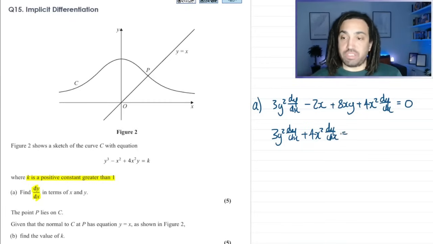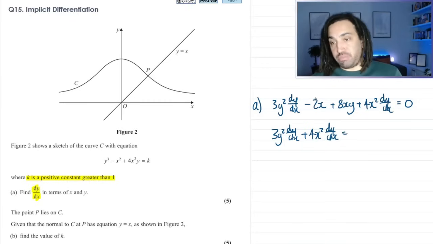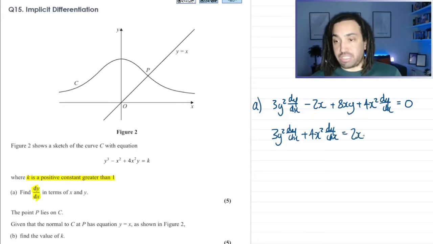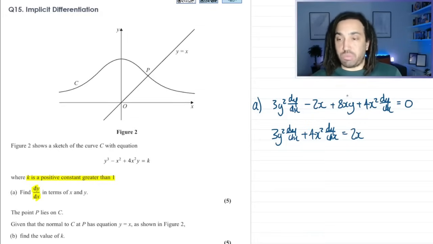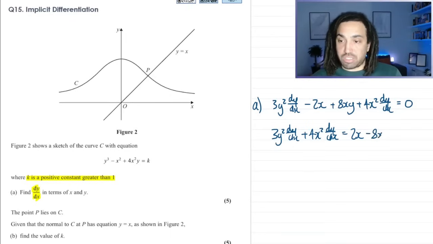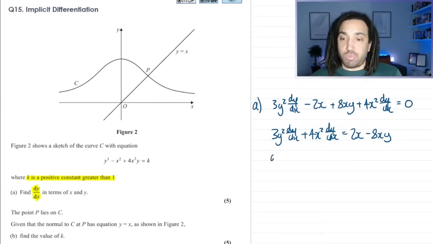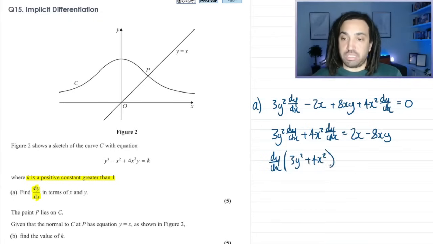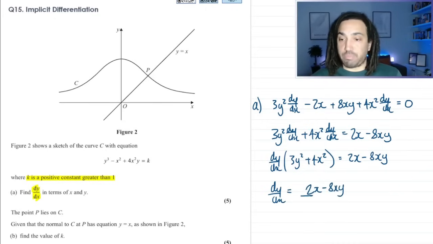And then any term without dy by dx goes over to the other side, so the minus 2x moves over to become just 2x, and the 8xy moves over to become minus 8xy. We can then factorize to get 3y squared plus 4x squared, and that's equal to, again, 2x minus 8xy, and then we can divide through to get our dy by dx that we want in terms of x and y.